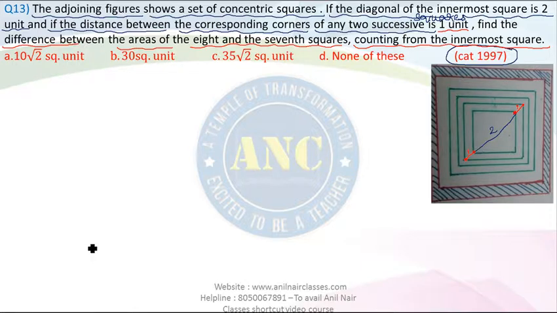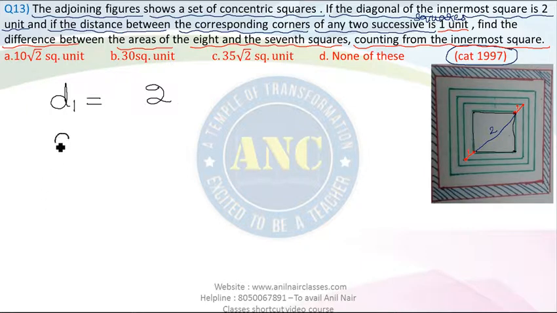If I have only this particular square which I am marking in black color, the innermost square, the diagonal of the first square is 2 units. Anyway, that is given in the question.